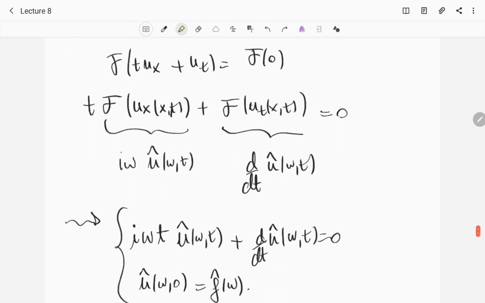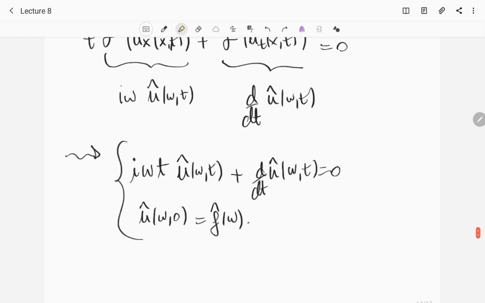Okay, rewriting this, we got this ODE. So remember, now we have an ODE in terms of this function where the variable is t. And here is t equal to 0 as an initial condition.